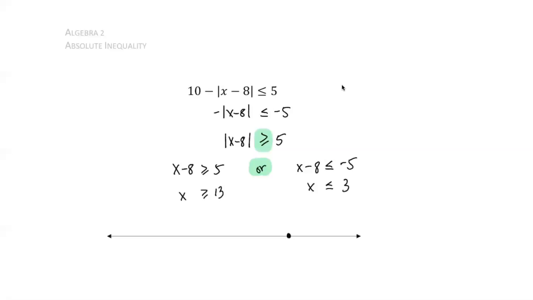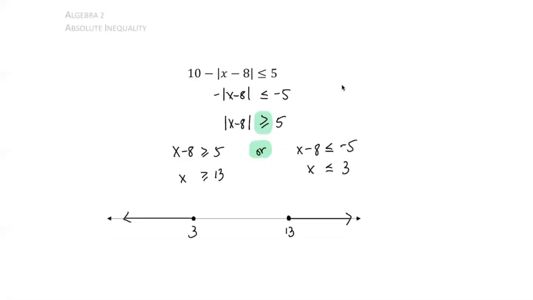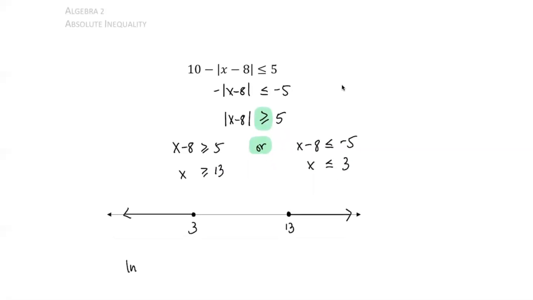So we would say at 13, we'll go ahead and point to the right, and then at 3, we'll go ahead and point to the left. Okay, so in terms of the interval notation, we will say from negative infinity to 3, use a parenthesis for negative infinity. We will include 3. And then we have a union, because we have another interval here as well, 13 to infinity.